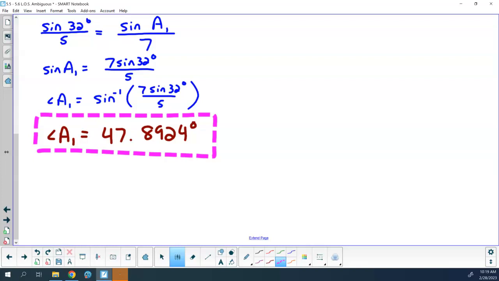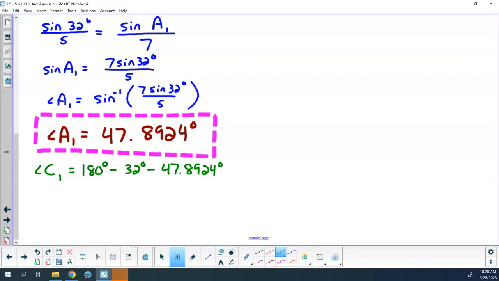If that's the case, then angle C sub 1 is going to be 180 degrees minus 32 degrees minus 47.8924 degrees.